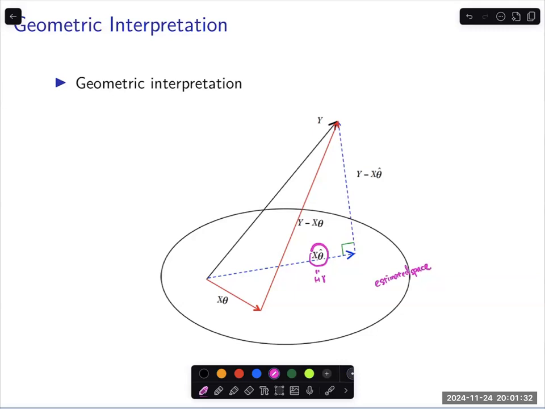We project Y onto that space, and the shadow represents the projection of Y, or Y hat. The difference between Y and Y hat, which is the blue line here, represents the error space. Anything changing in this vertical direction would be the epsilon hat space, or the error space.